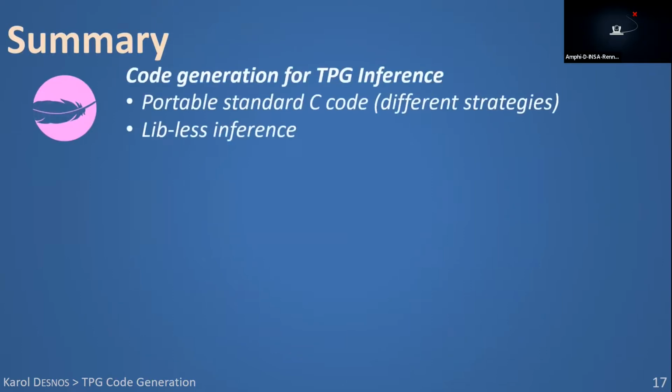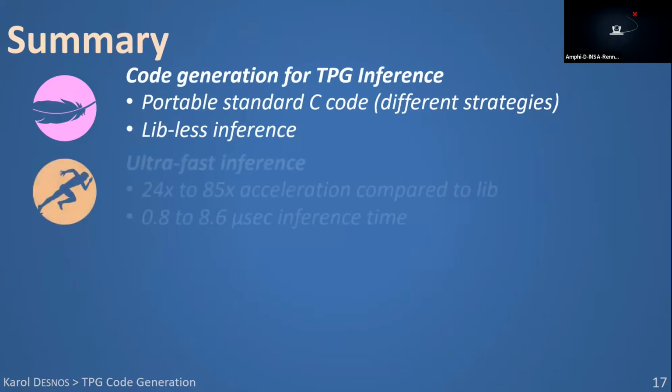So this brings me to the conclusion of this presentation. In summary, what did we do? First of all, we proposed a code generation process for a Tangled program graph, which is able to generate portable standard C code from a trained TPG. This makes it possible to run the inference without any library.